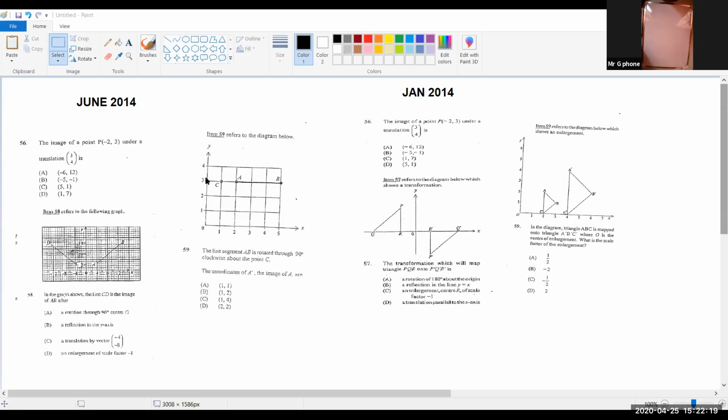All right, now we go see. Jan 2015. The first one is D. Probably.